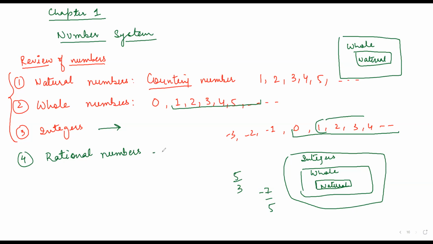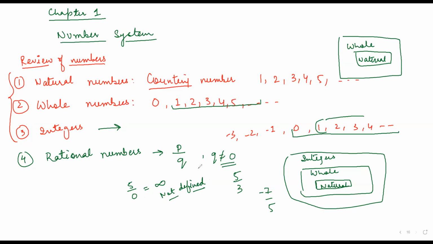These numbers are of the form P by Q. There's a condition that Q is not equal to 0. The denominator should not be 0, because when something is divided by 0, for example 5 by 0, it is not defined. So in a rational number, the denominator cannot be 0. Any number of the form P by Q is a rational number.